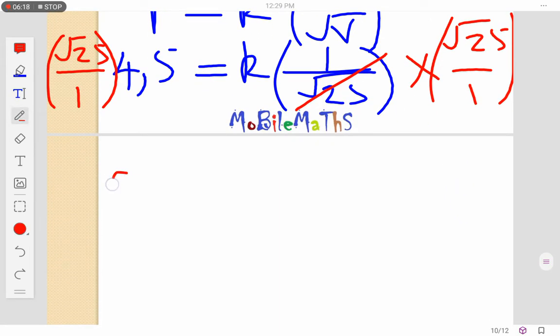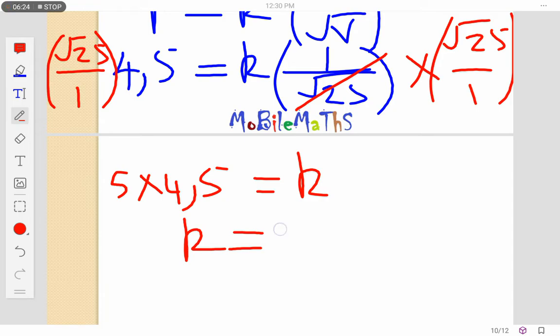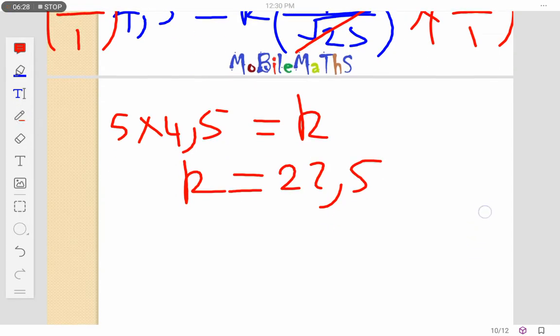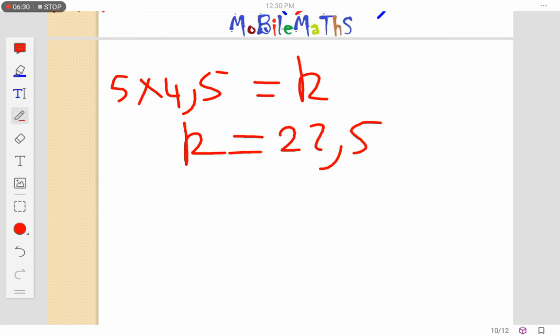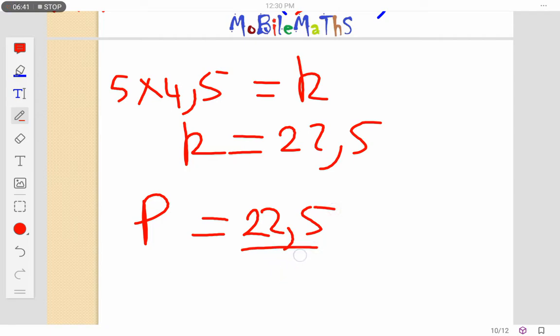I have got 5 times 4,5 is equal to k. So my k value is going to be equal to 22,5. And the relationship that I have at the end of the day is P is equal to 22,5 over the square root of V. This is the relationship that I have.